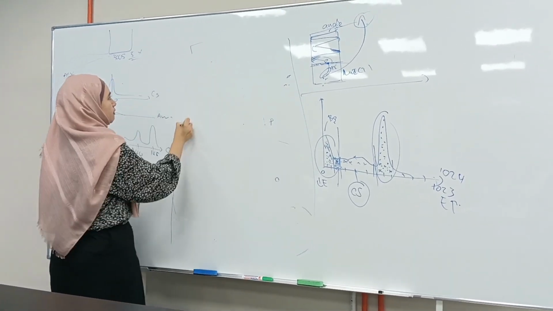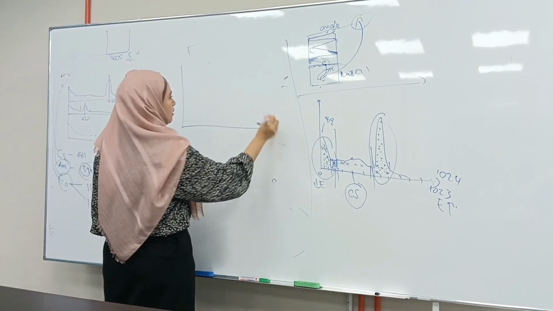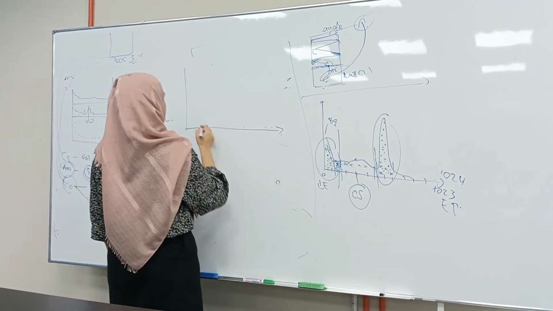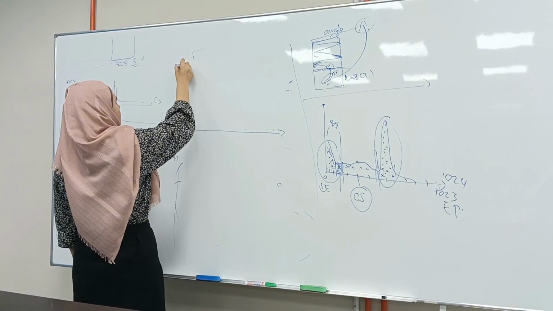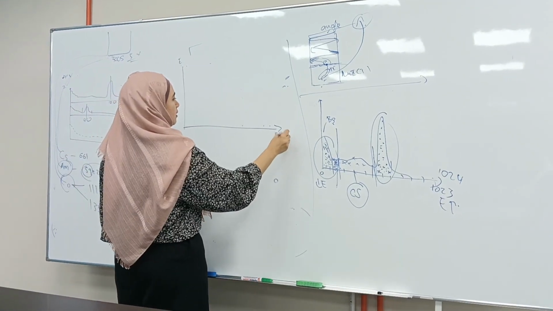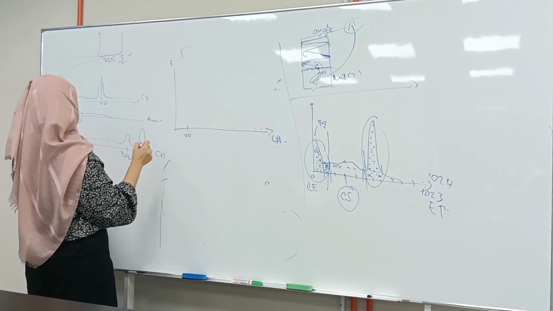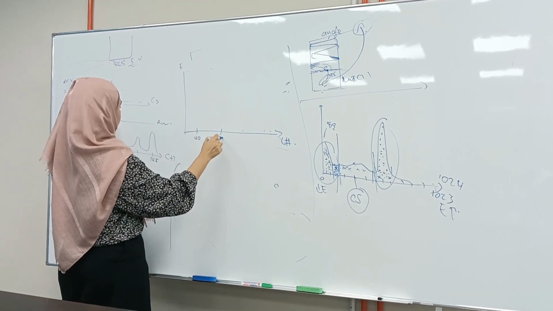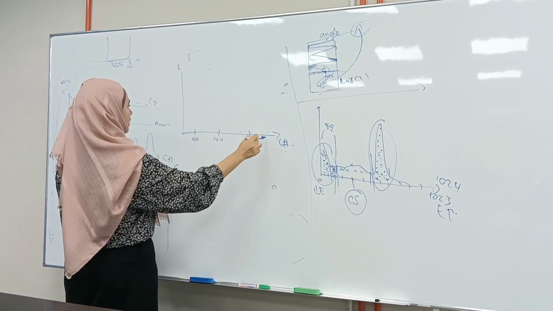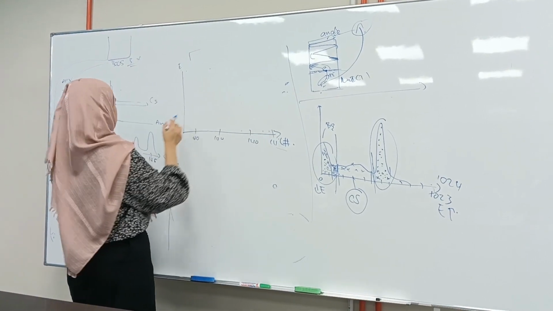Alright, you have energy versus channel number. The first channel number is about 40, and the second one is about 100, and this is 140 and 145. And you know the energy.